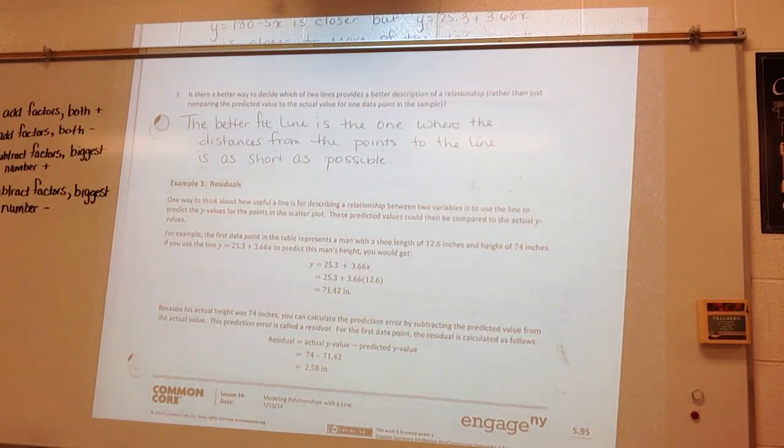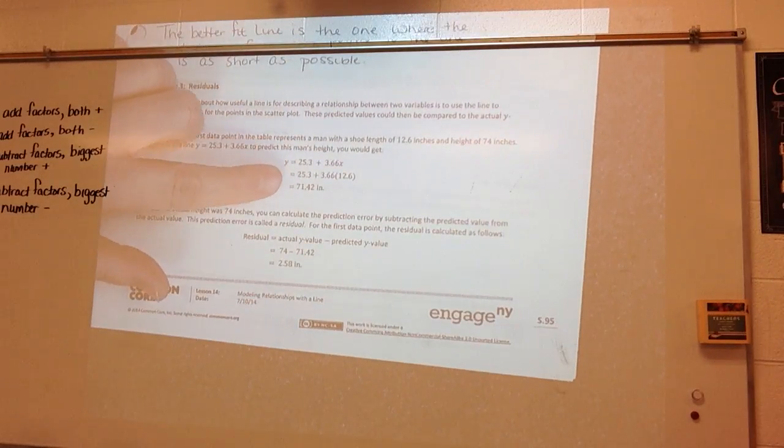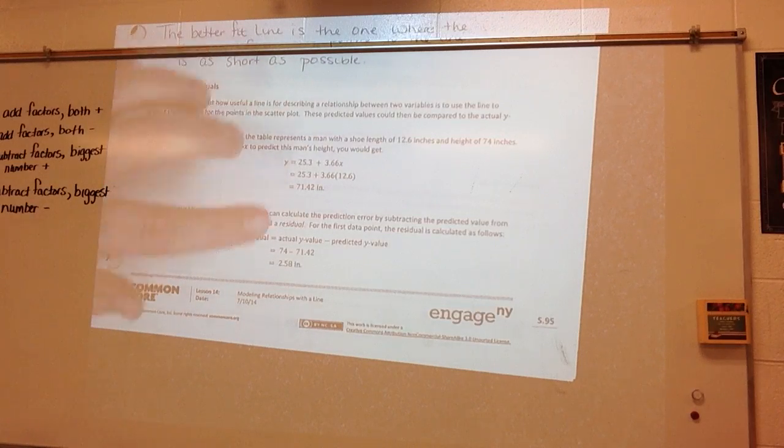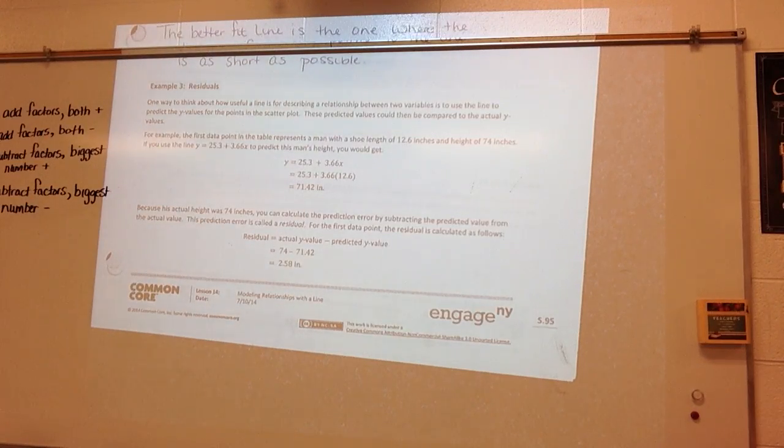For example, the first data point in the table represents a man with a shoe length of 12 and 6/10 inches and a height of 74 inches. If you use the line y is equal to 25 and 3/10 plus 3 and 66/100 x to predict this man's height, you would get this. So plugging in 12 and 6/10, you would get 71 and 42/100.